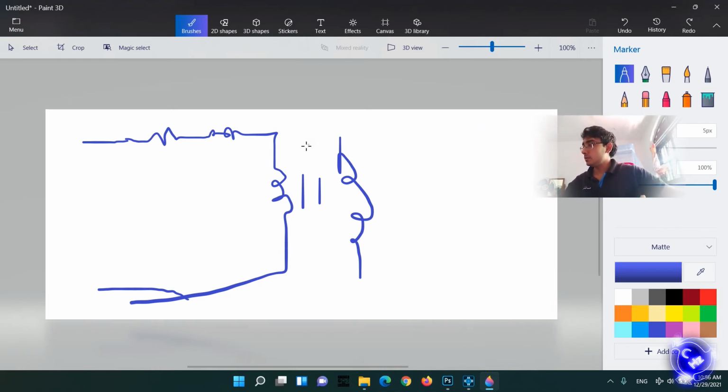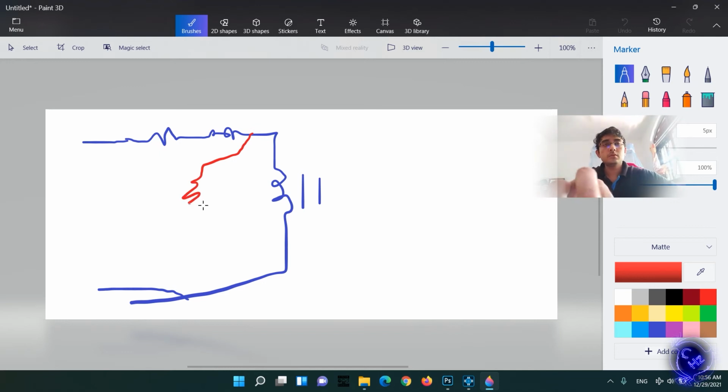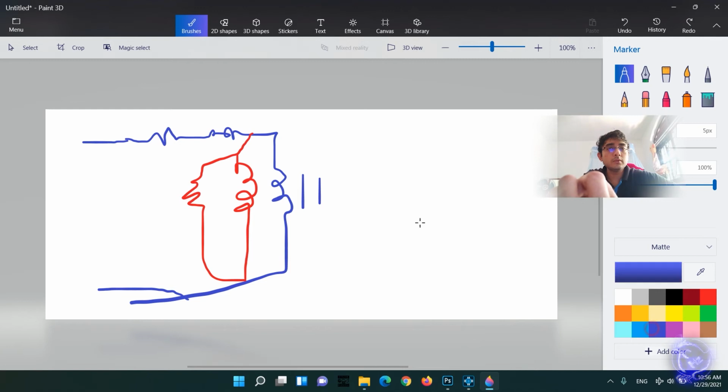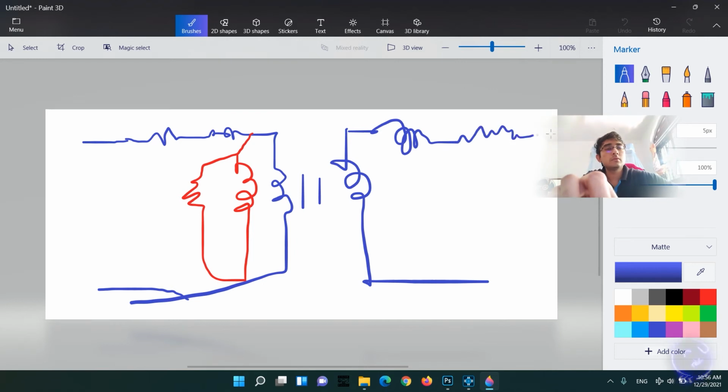Sorry. Let's draw this nicely. Here I have two parts. This is my core loss resistance. This is my magnetizing reactance, my secondary.